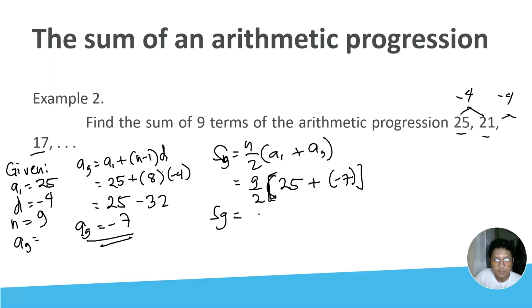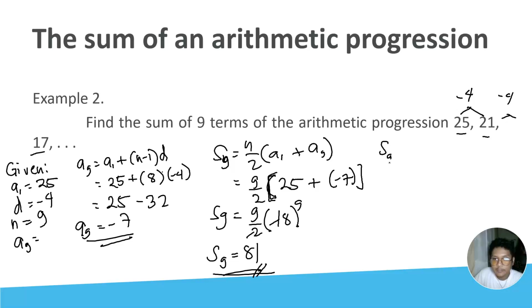S of 9 is 9 over 2 times 25 minus 7, which is 18. So, 9 times 9 is 81. That's the sum of all the terms.